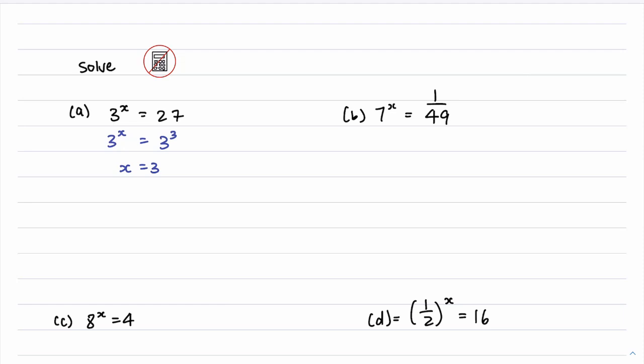Next up, B. We have 7 to the power of x is equal to 1 over 49. We can rewrite the expression on the right-hand side as 7 to the power of negative 2. That gives us x equals minus 2 as our answer.